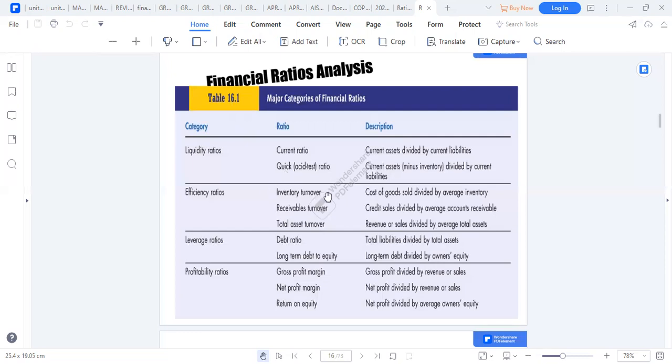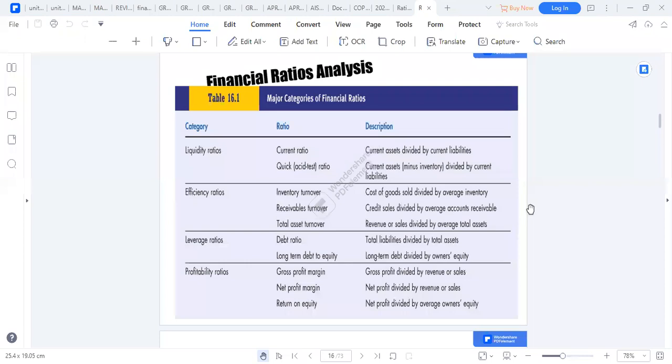We have efficiency ratios, where we have the inventory days, debtors days, creditors days, and the total asset days. The inventory days simply look at how long it takes for us to sell our stock. Too much time is a problem, too little time is also a problem.